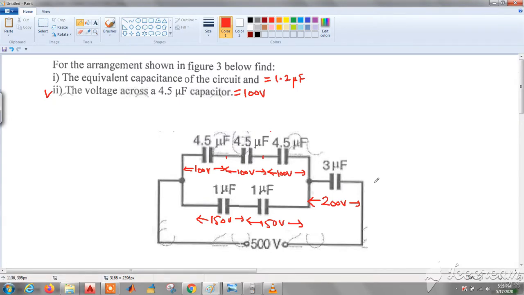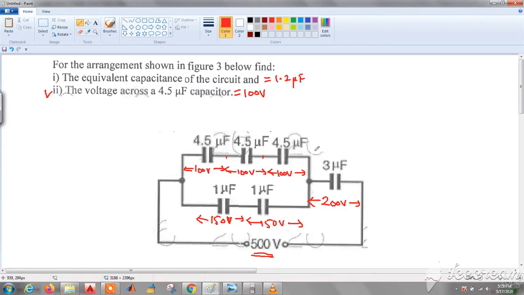Across 4.5 microfarad we have 100 volts, across 1 microfarad we have 150 volts, across 3 microfarad we have 200 volts. When we add these, we get the source voltage value: 150 plus 150 is 300, plus 200 will give us 500 volts.